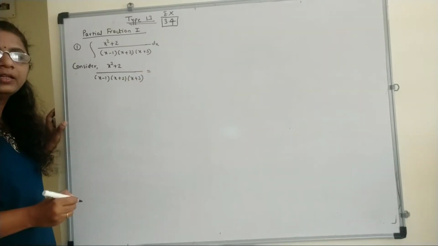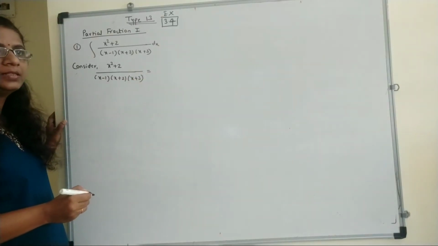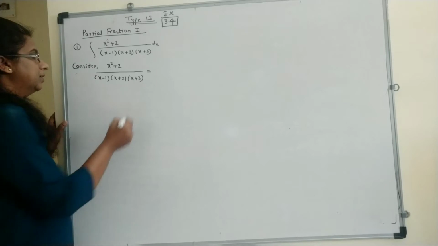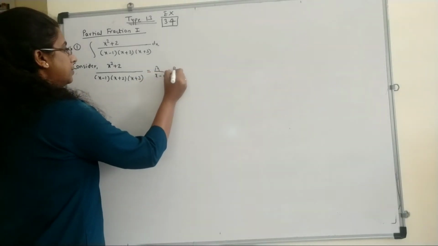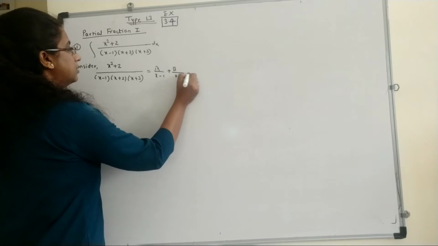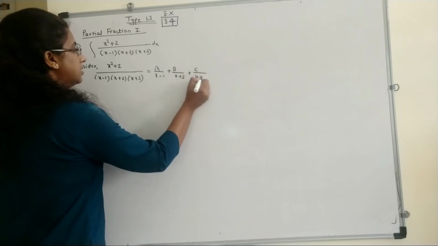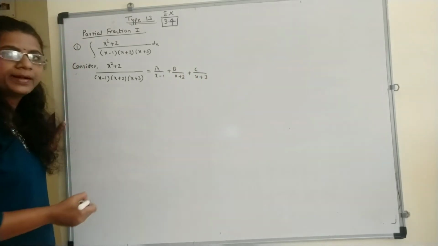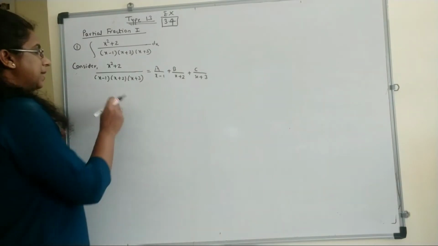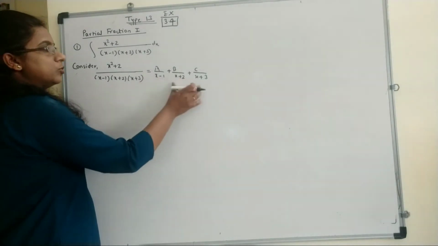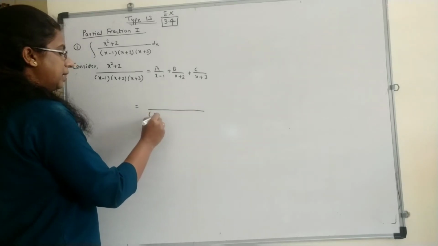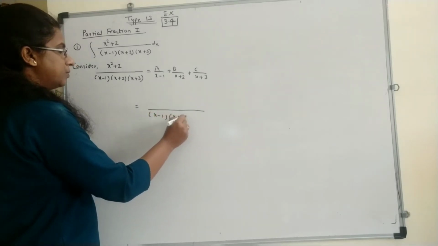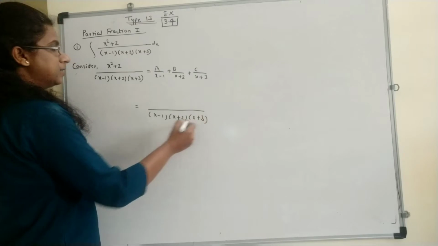Now three linear factors are there, so we write them in the form a upon first factor plus b upon second plus c upon third factor. Find the LCM. LCM जो लेफ्ट हँड साइडला असतो तोच तुम्ही राइट हँड साइडला कन्सिडर करणार आहात. So LCM is x minus 1, x plus 2 and x plus 3.